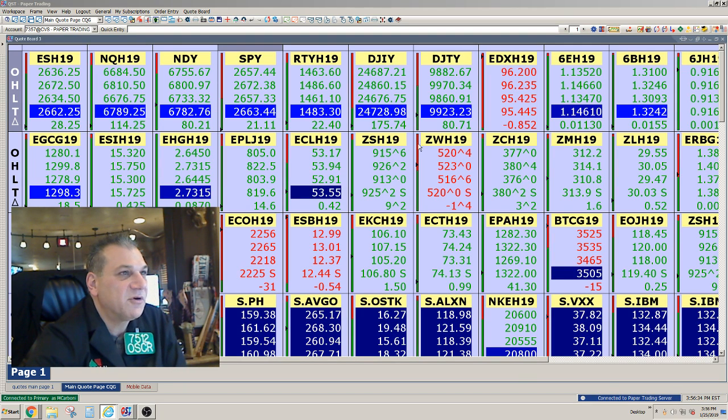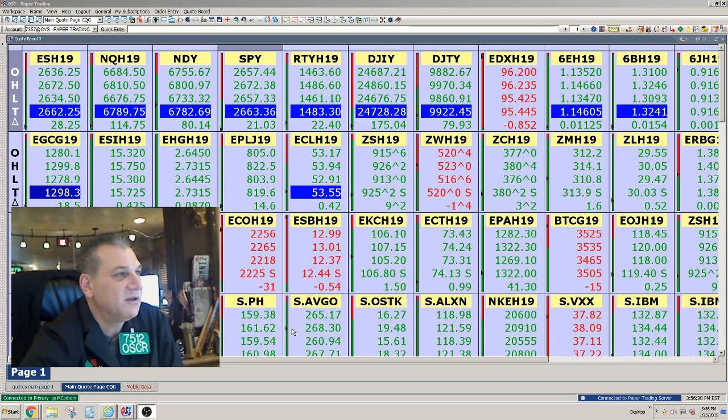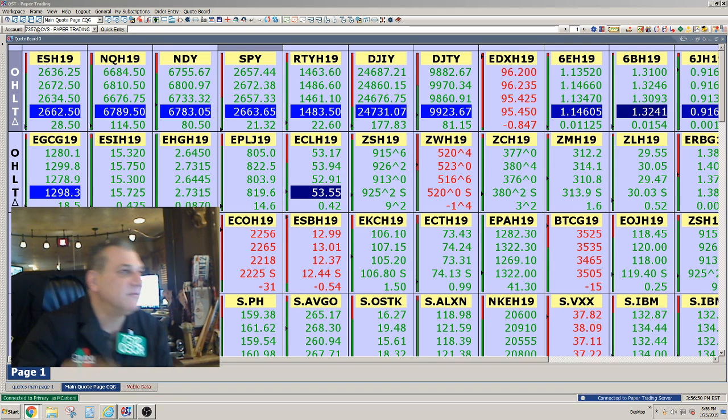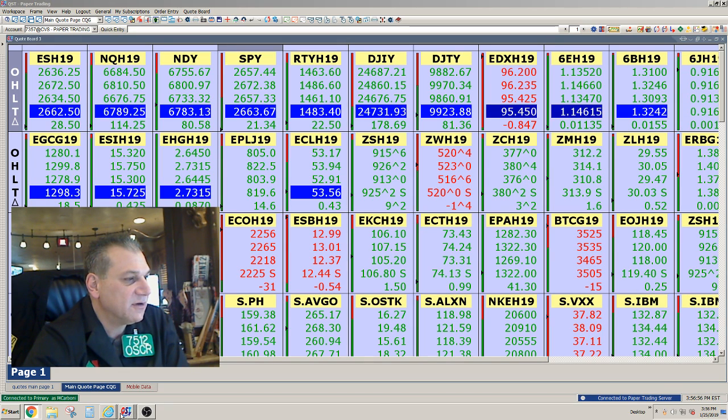Ta-da. Nothing broke out yet, though. We're all still stuck in the mud here, but at least it looks better than it did. If we wanted to look at something else all day, what would we look at?